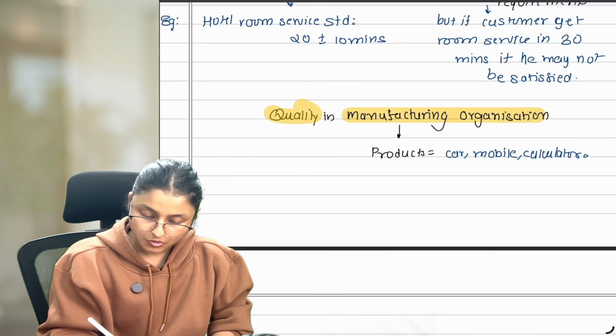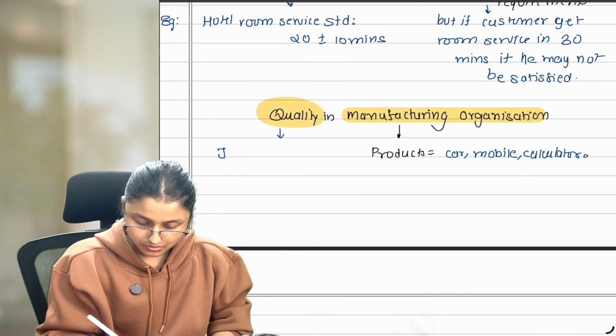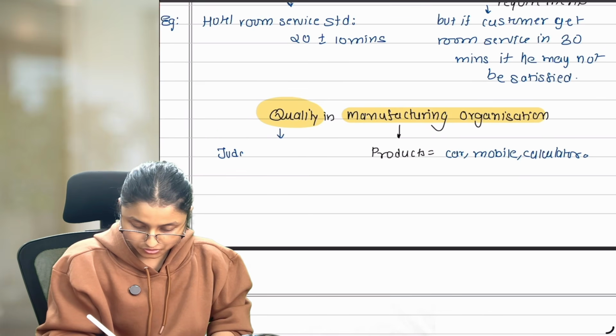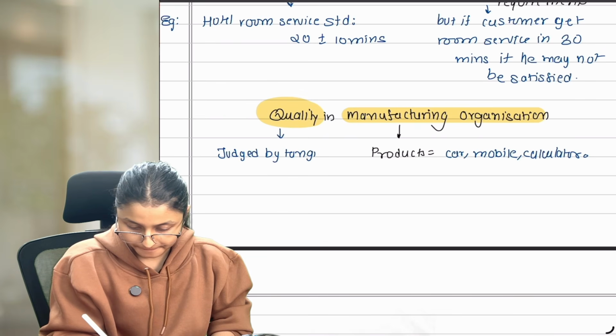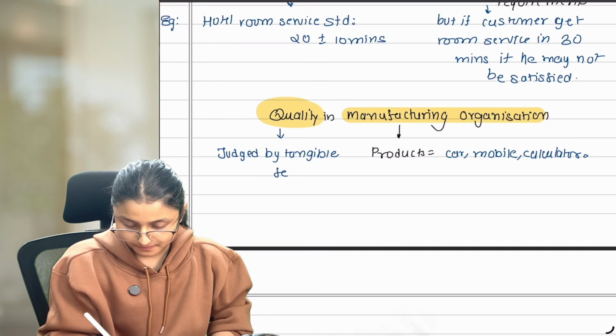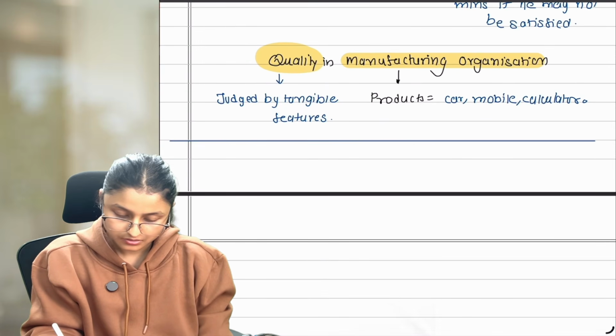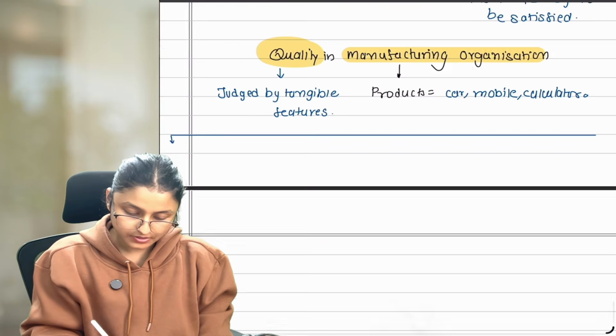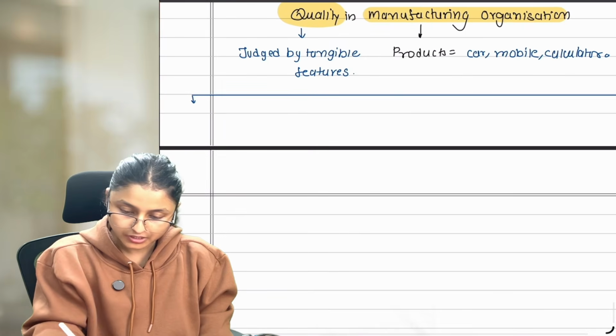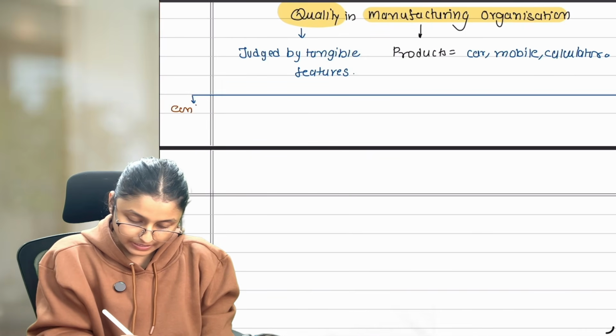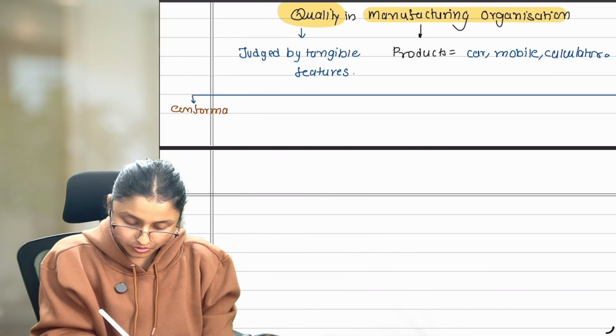Next, quality. Here we judge quality on the basis of some tangible features. What are the tangible features on the basis of which we are judging quality? The first one is conformance to specification, that it should meet the standard set by the organization.